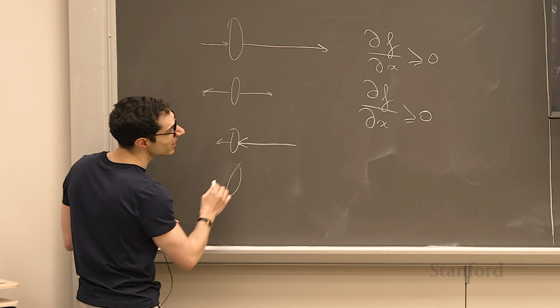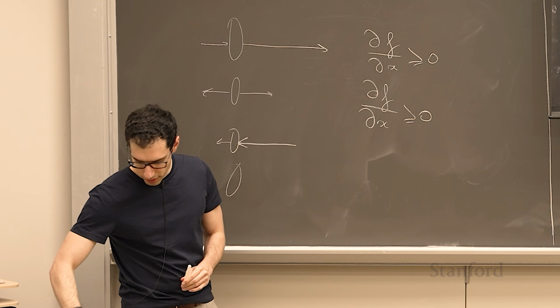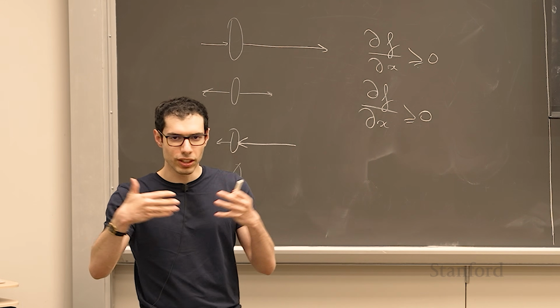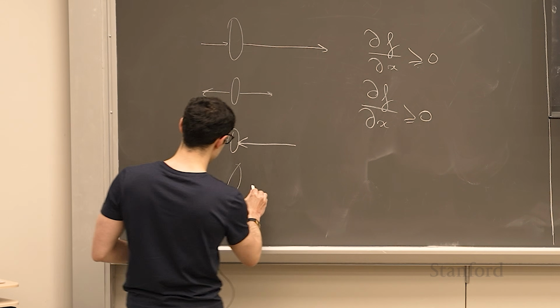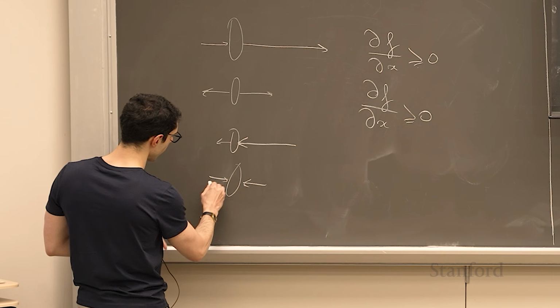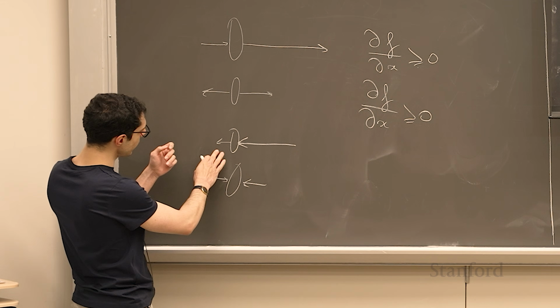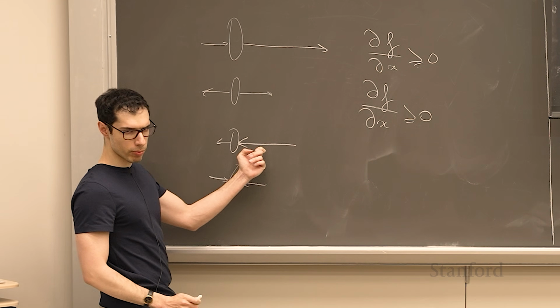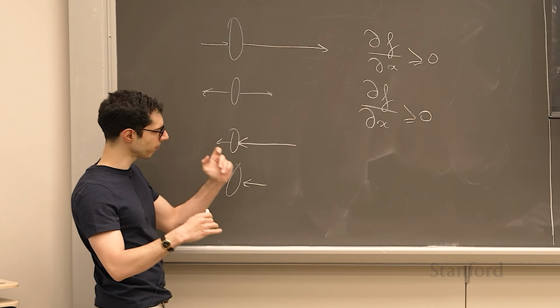And then let's say you have another case, which is given by this, which is just vectors pointing towards that area. So here you see that f is becoming more and more negative when you project it on x.